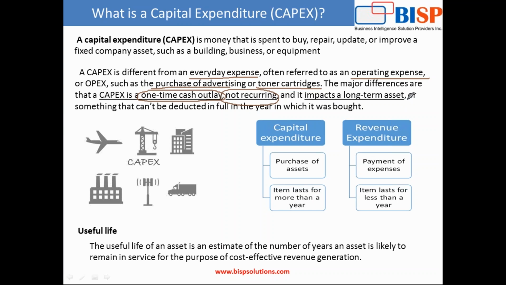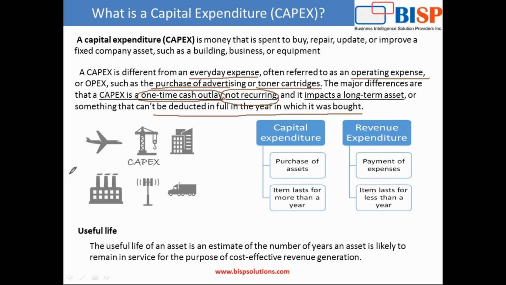Therefore, before an organization plans to procure an asset, a forward-looking mechanism is used where the department head or whoever needs an asset has to go through proper justification and justify that there is a need to buy an asset which contributes to the organization. It cannot be deducted in a full year, so when you buy a capital asset, its life cycle is often more than 1 year.